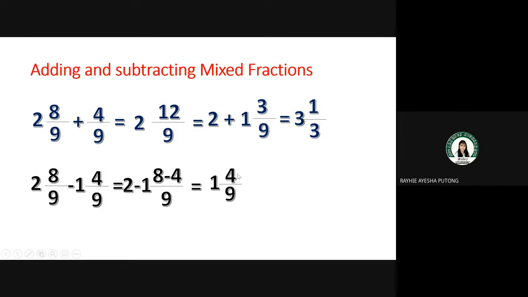Then copy 9. 1 and 4 over 9. Do you think yun na yung final answer natin? Opo. Hindi naman divisible by 2 yung 4 at yung 9, no? Hindi rin naman po divisible by 3 yung 4, only the 9. So, yun na po ang final answer.